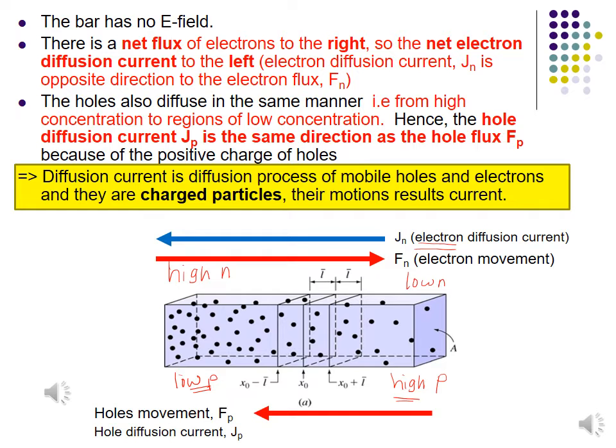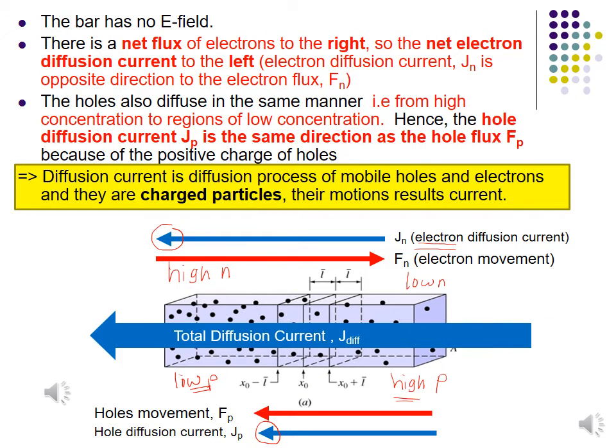Since the moving particles are holes, the hole diffusion current will move in the same direction as the holes. In this example, the hole diffusion current will move from right to left. Since the direction of the electron diffusion current is the same as the hole diffusion current, a total diffusion current density from right to left is generated.